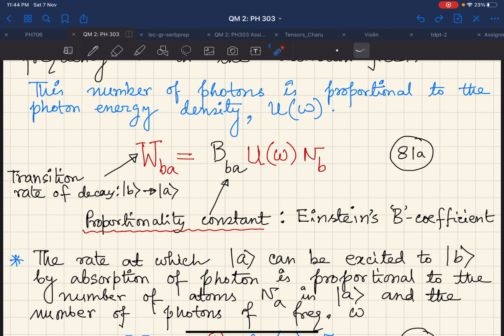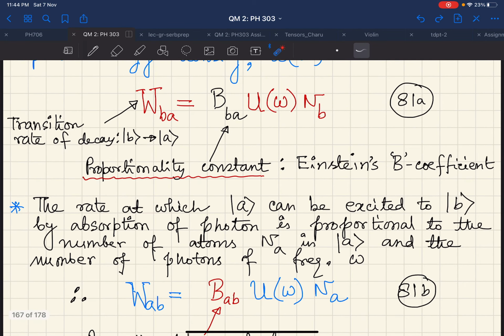Similarly, the rate at which the state A can absorb a photon and be excited to state B should be proportional to the number of atoms, denoted by Na, sitting in state A, and of course the number of photons of frequency omega, which is proportional to the photon energy density, U omega.